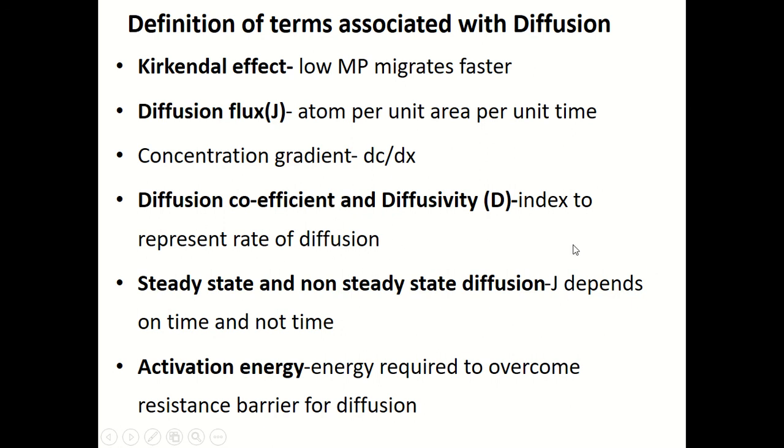The diffusion coefficient or diffusivity is an index of the rate or intensity at which the atoms diffuse. When an atom migrates from one metal bar to another, what is the rate or intensity at which the atoms diffuse?